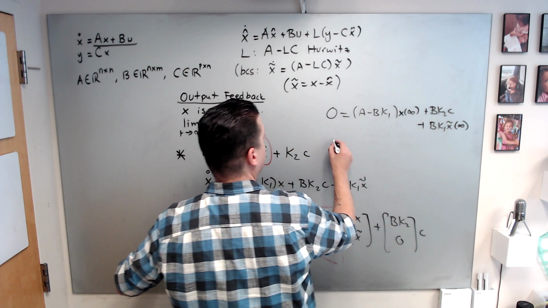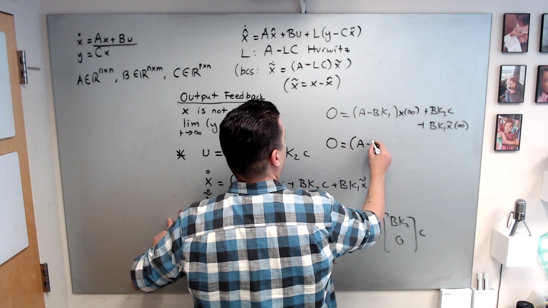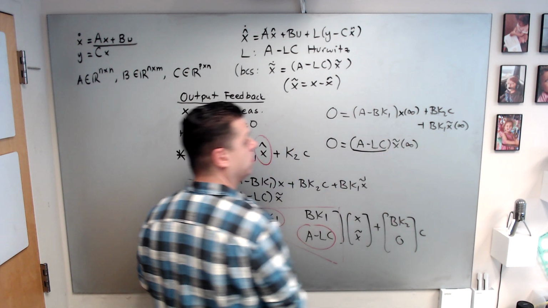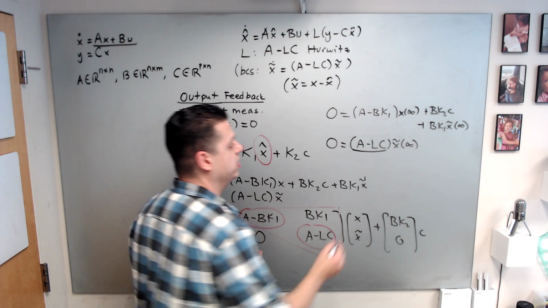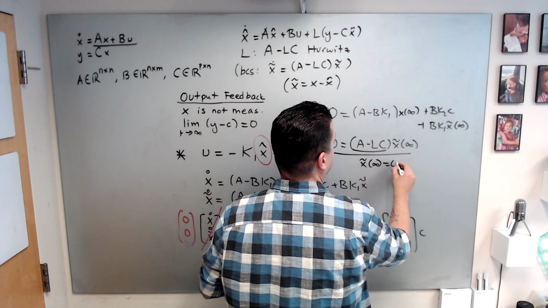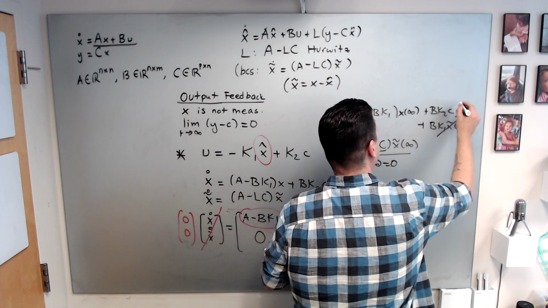From the second line, you are going to get (A minus LC) x tilde infinity. This is invertible because we made it Hurwitz. So this equation implies x tilde infinity is 0, which makes this 0.